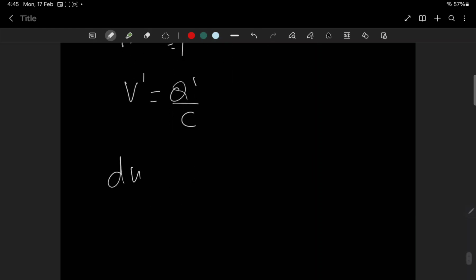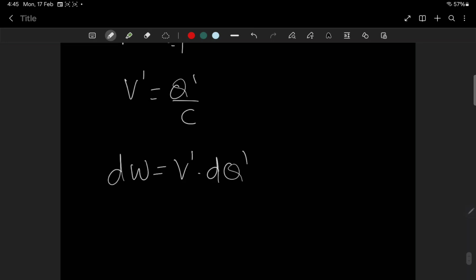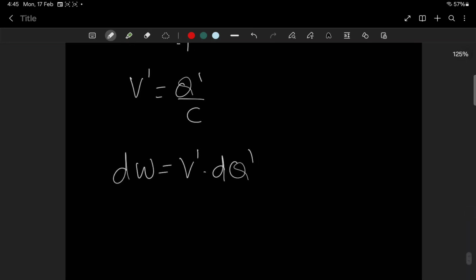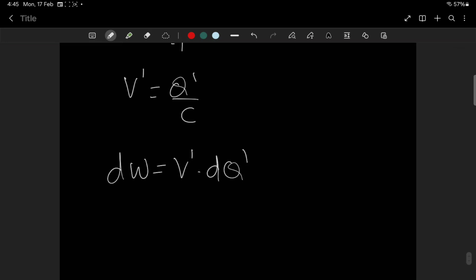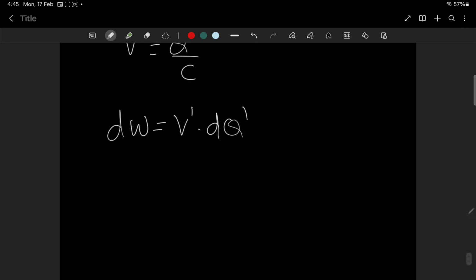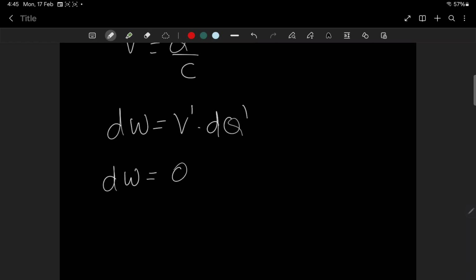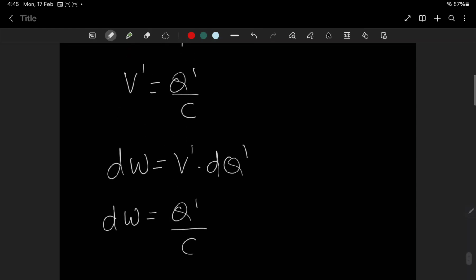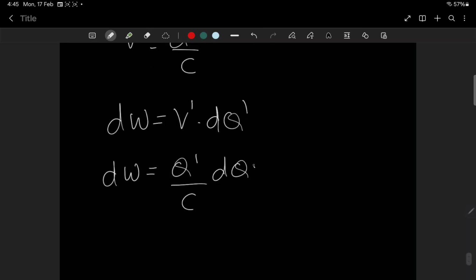So dW can be written as what? V dq. You know that voltage into charge is equal to work done. You learned it: work is equal to QV. So dW is equal to V dash dq dash. Therefore V dash we got as Q dash by C, into dq dash.